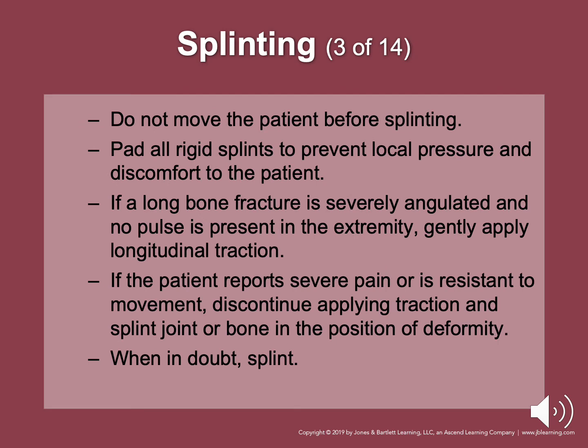Do not move the patient before splinting an extremity unless there is immediate hazard to the patient or yourself. For fractures, the splint should immobilize the bone ends and the 2 adjacent joints. For dislocations, the splint must extend along the entire length of the bone above and the entire length of the bone below the dislocated joint.